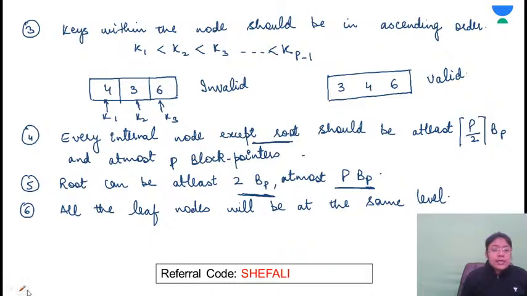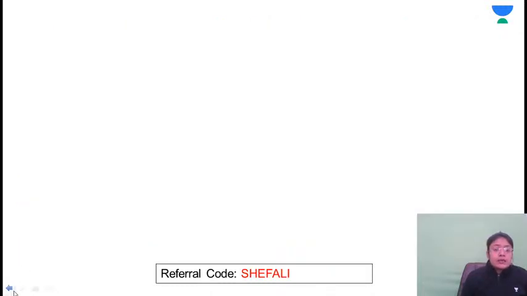Alright? So let's consider the construction of B tree from the given set of elements.